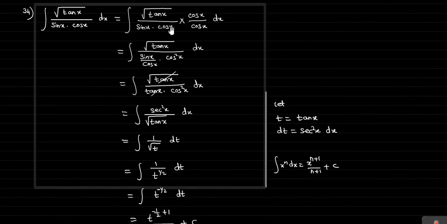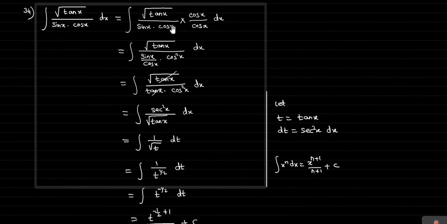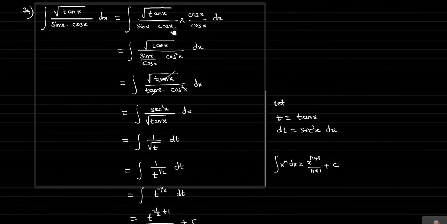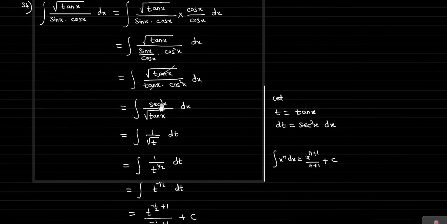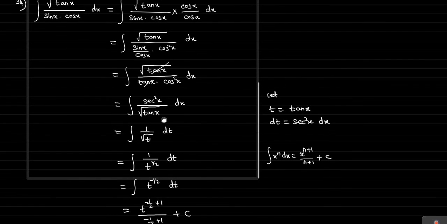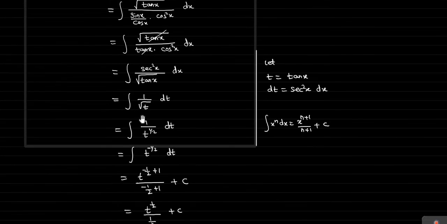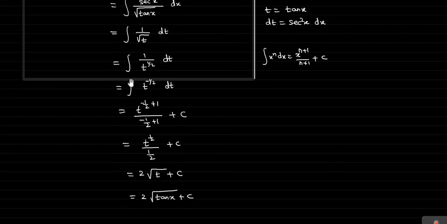At the same time, with the cos x, if we have one more cos x, it becomes a cos square x. So cos square x, when we carry to the numerator, it's a secant square x. 1 by cos square is secant square x. So we will be bringing this function in terms of only tan and secant function. So we can relate the one function to the other with the help of derivative. Then using integration by substitution, we proceeded the integration.